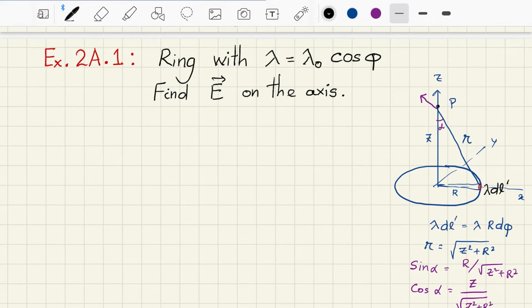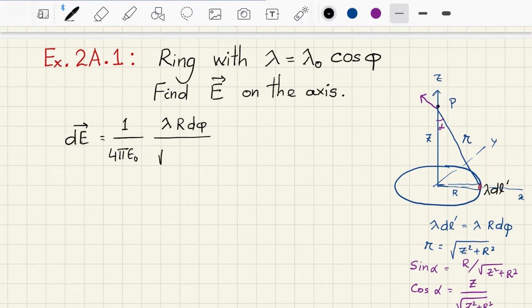Then I will write down my dE. This is only due to the differential element, and hence I can write down 1 by 4 pi epsilon naught, lambda r d phi, and then root over z square plus r square.